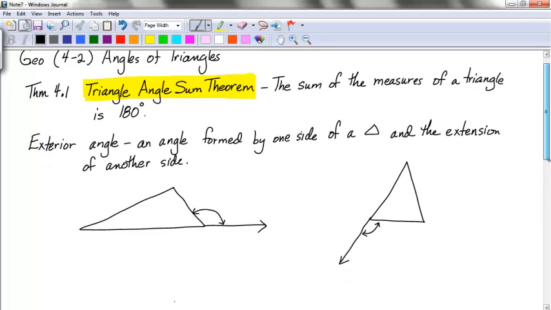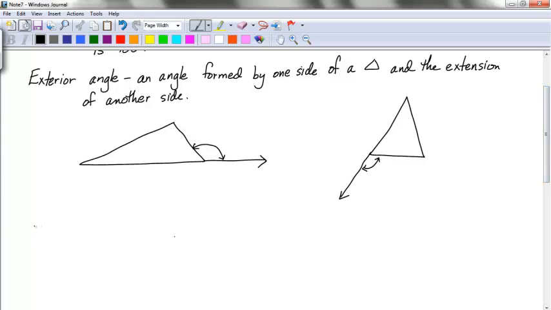Then he also defines what's meant by remote interior angles. All three of them would be interior, so what does it mean when you talk about the remote interior angles?